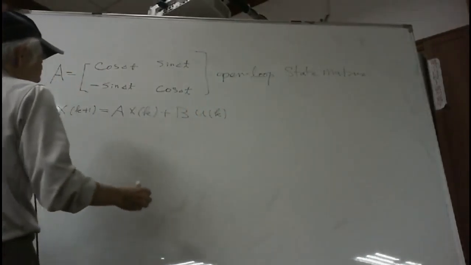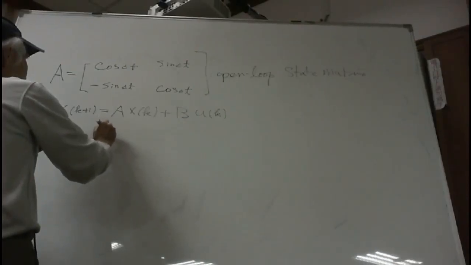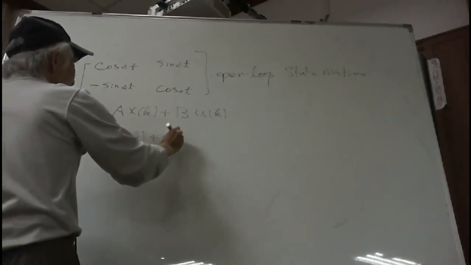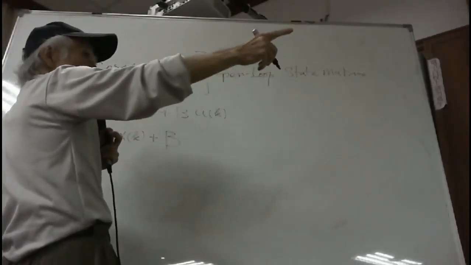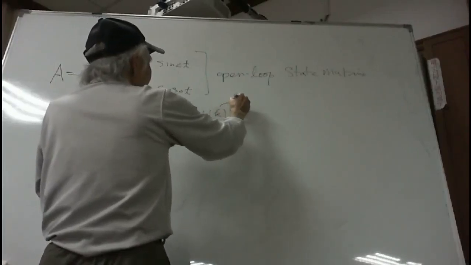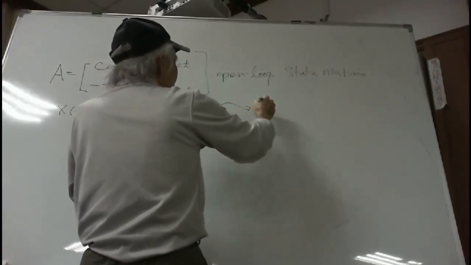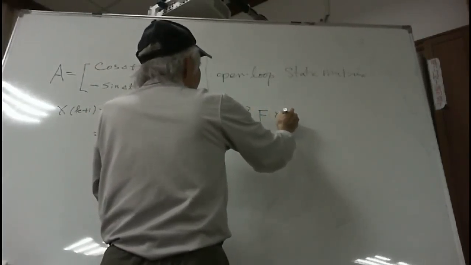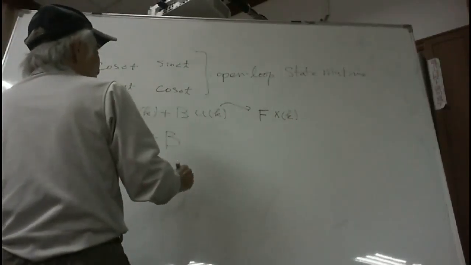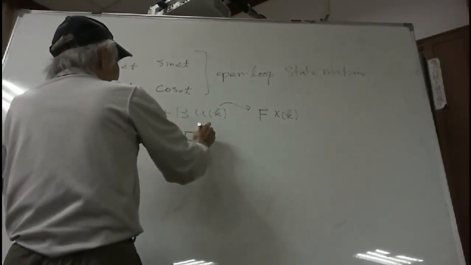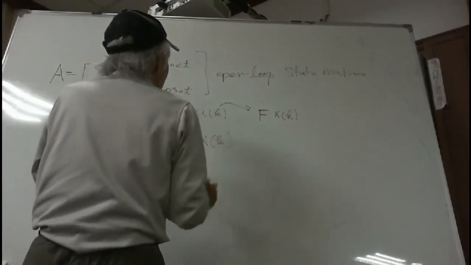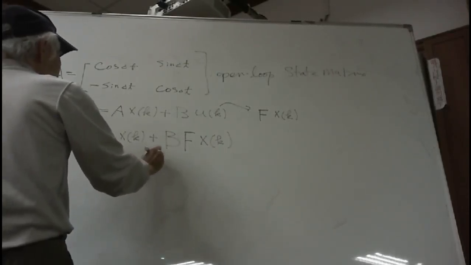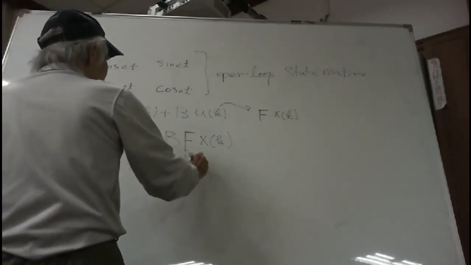All right. This A x k plus B F, this u k is the Fx. So B F x k. So that means A plus B F x k.